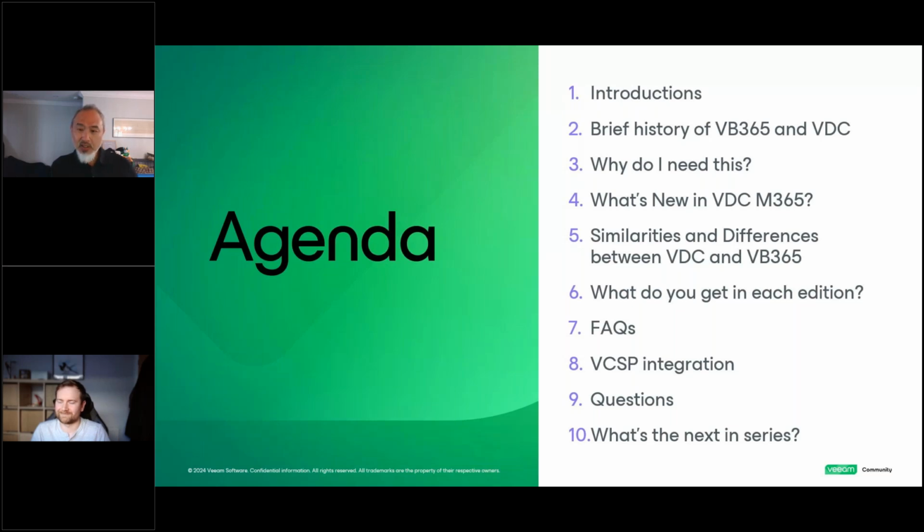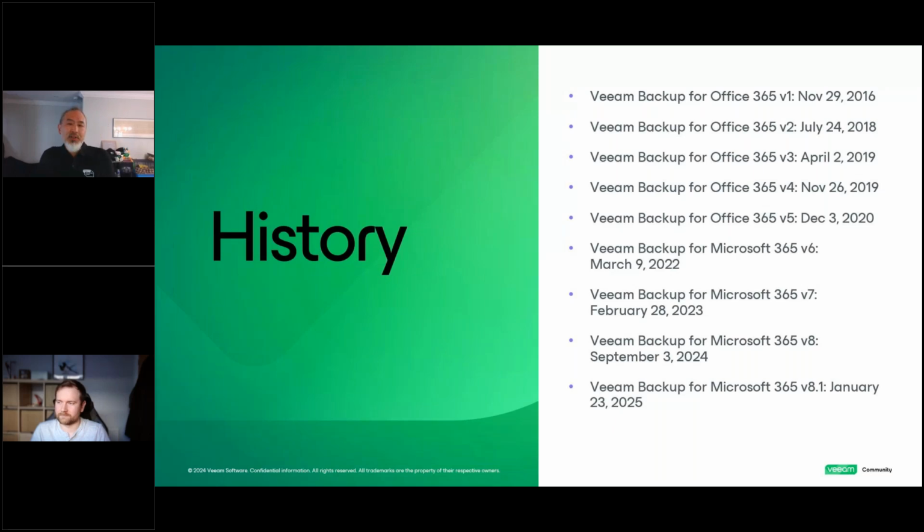This is a brief history of where Veeam Backup for Microsoft 365 has come from. The first edition came out on November 29th, 2016. It basically just backed up Exchange Online and Exchange On-Prem. Version 2 came out in 2018, and it introduced SharePoint and OneDrive for Business.